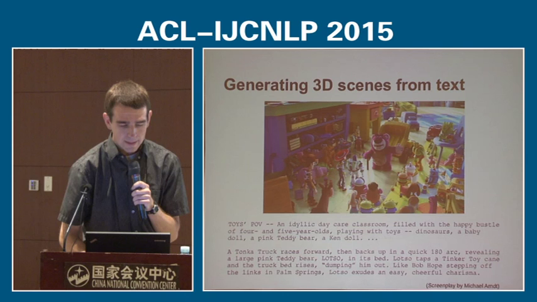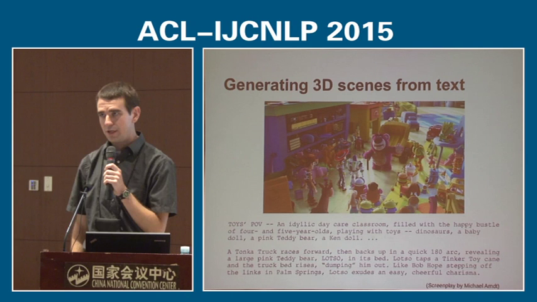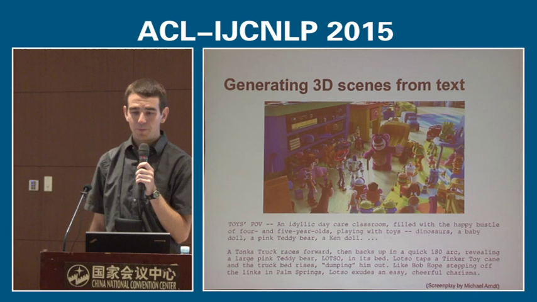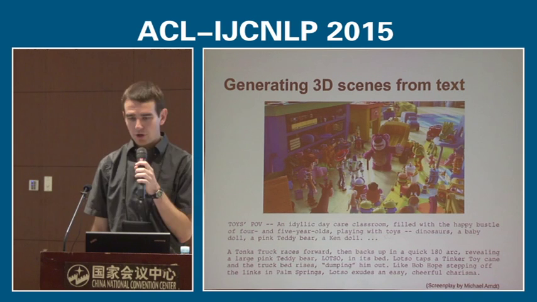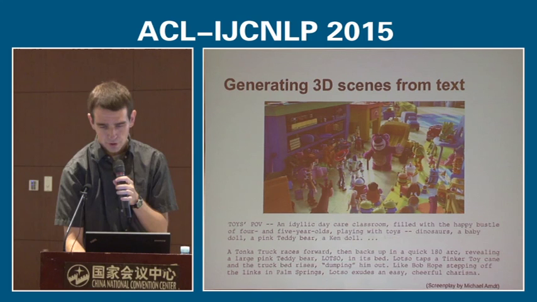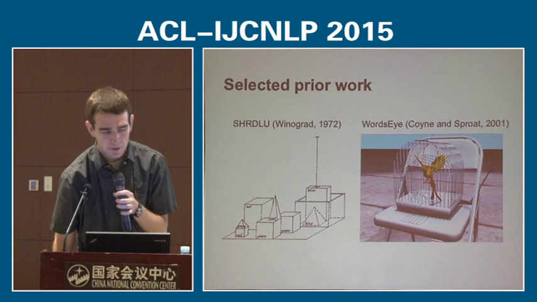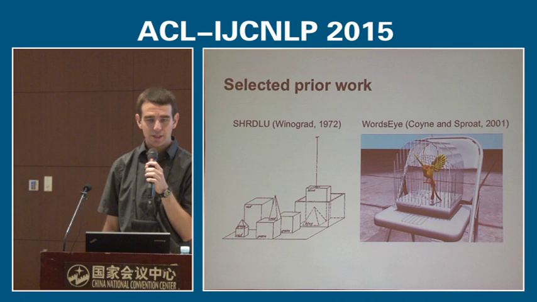And a system for automatically generating 3D scenes from text has to play the role of the design team in this process. Now, clearly, there are a number of challenges associated with this, and there's been some work over the years in addressing these challenges.